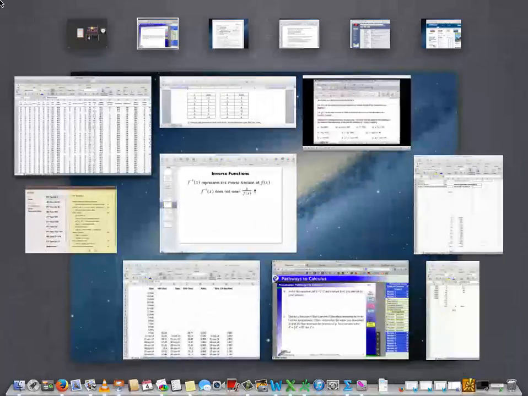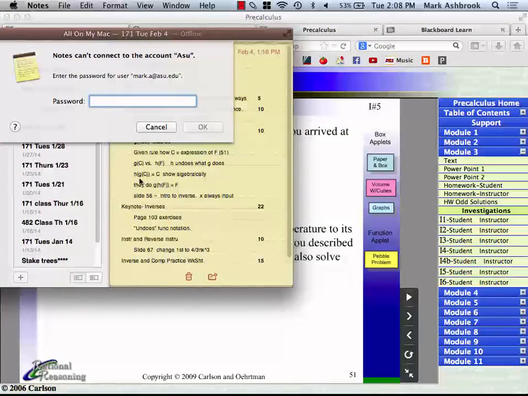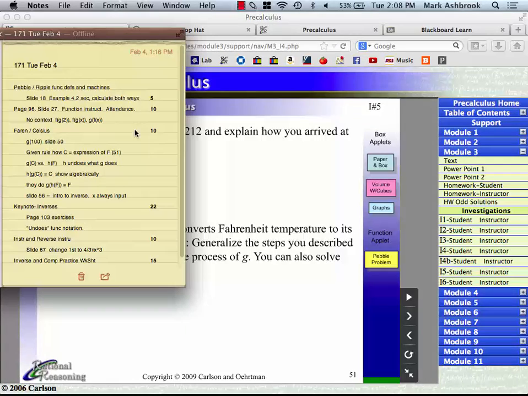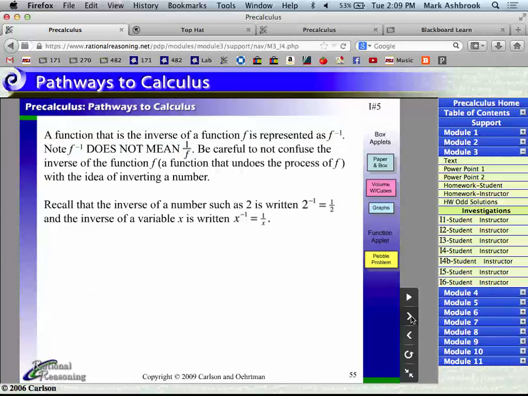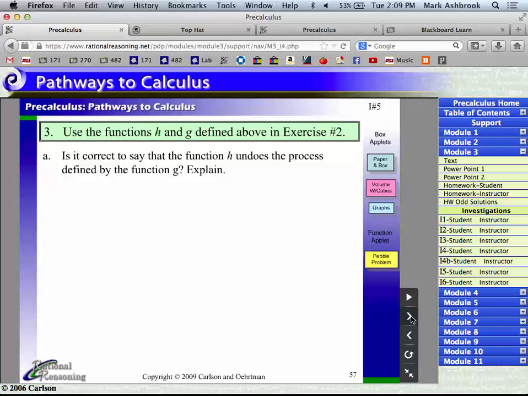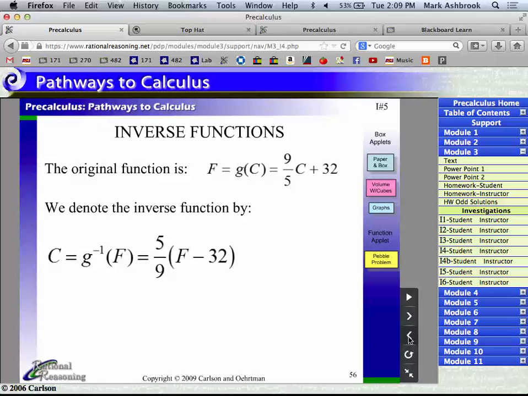All right, what's next? Okay, so now we're talking about inverse functions.